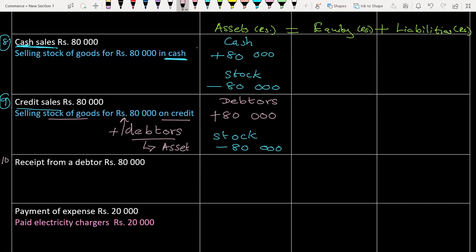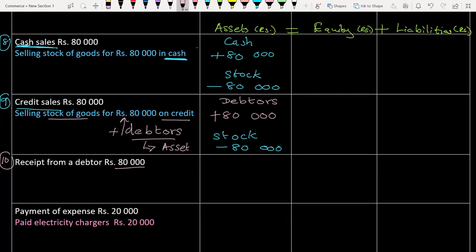Right, the 10th transaction. Receipt from a debtor rupees 80,000. We know that debtors owe to the business. When you're considering impact to the accounting equation, always think from the business side. So for the business, what happens? The business receives cash from a debtor. So what happens to the asset of the business?